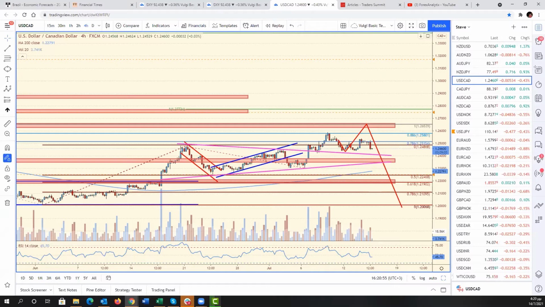So I'm going to have to leave this as bullish, although reluctantly, but still. And support at 124.15. Resistance being this prior high at 125.40.